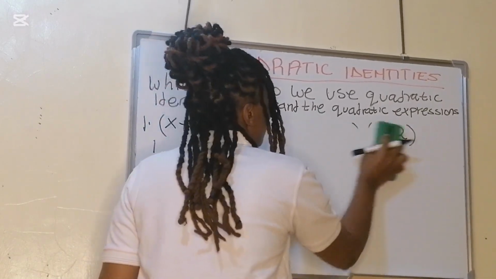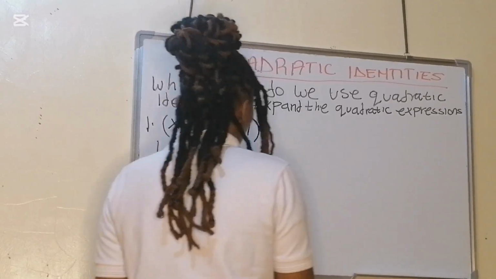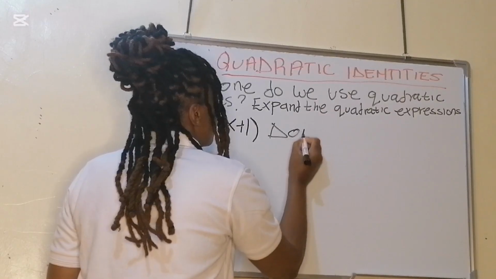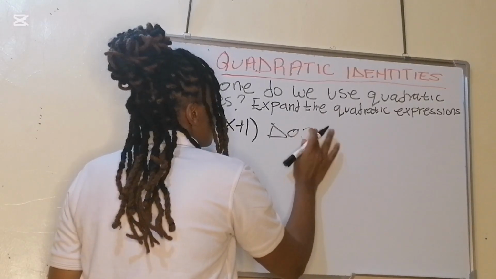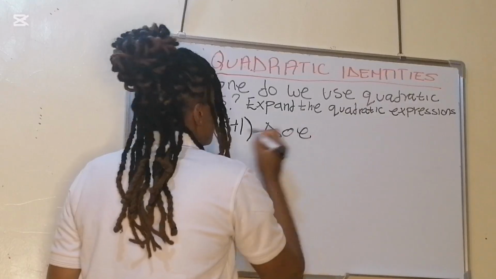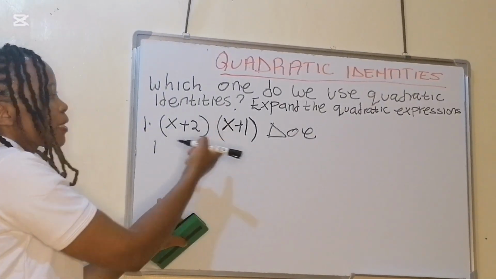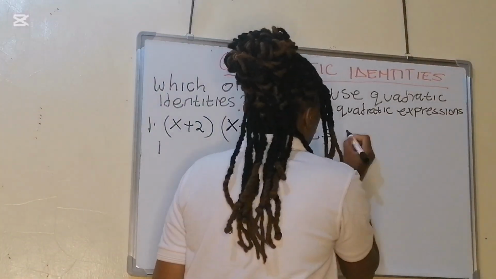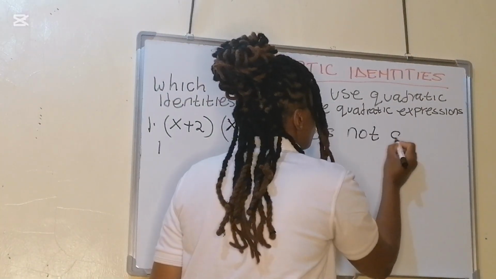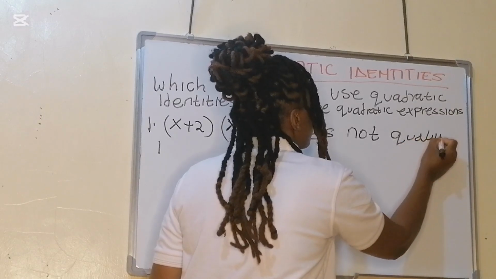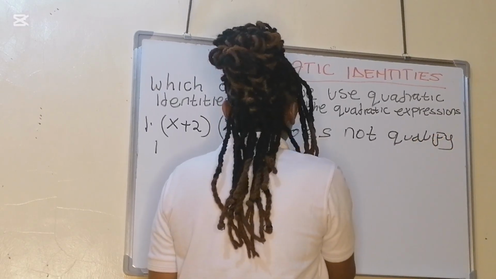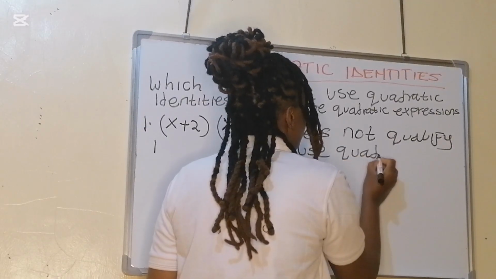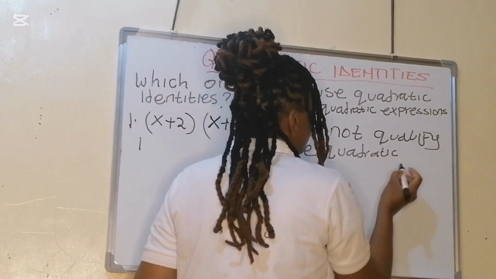Let me do this first, then I'm going to do the one that we are using quadratic identity on. So this one, x plus 2 times x plus 1, does not qualify to use quadratic identities.